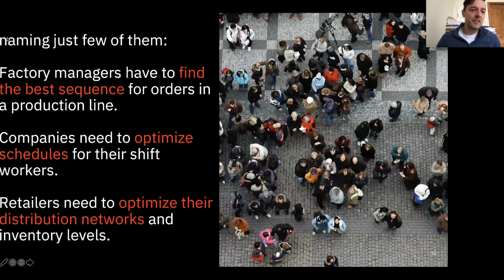And these are the cases that are worth building a decision optimization model for. A model means that you create a simplified version of reality. I will explain this in 5 minutes. But speaking about use cases, for example, factory managers have to find the best sequence.